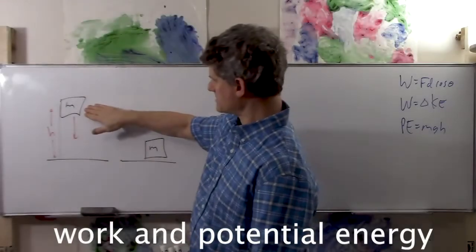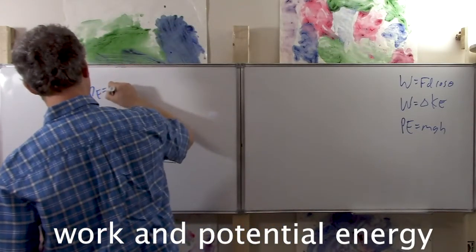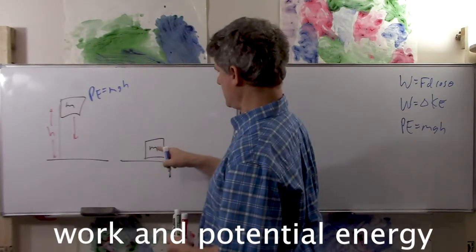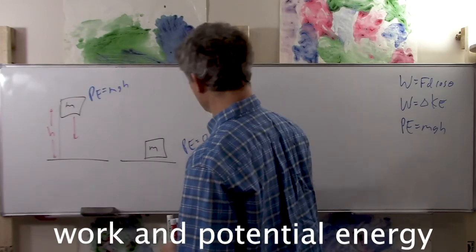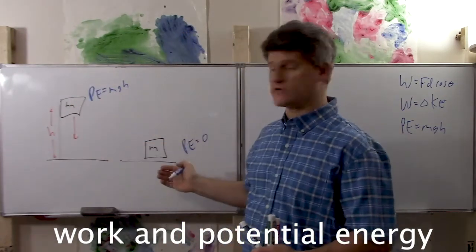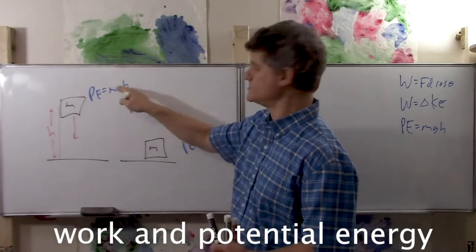When we have a mass up here at height h, it has potential energy equal to mgh. And what about down here? Down here, h is 0, so the potential energy equals 0. Notice that when this object fell, it lost potential energy. How much did it lose? It lost mgh worth.